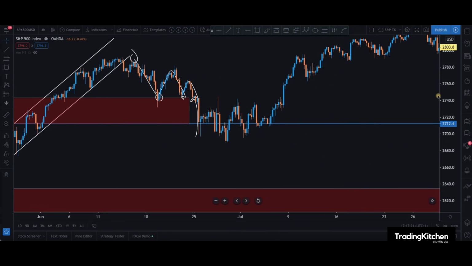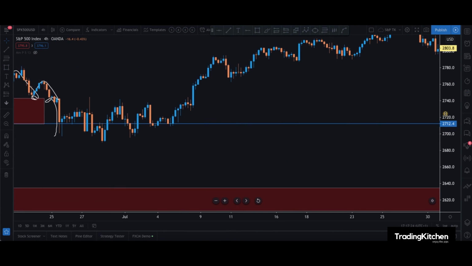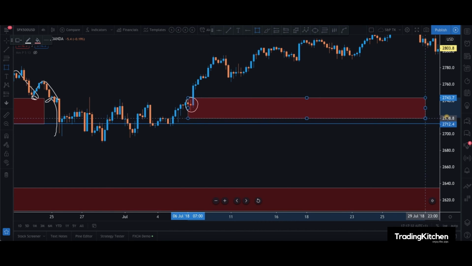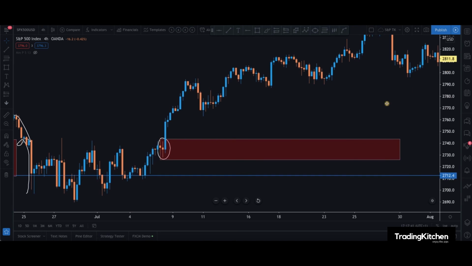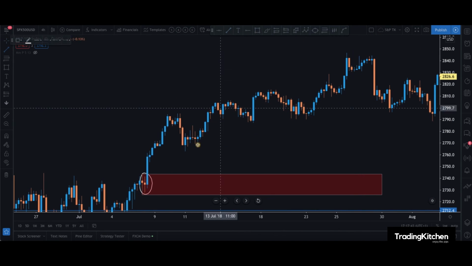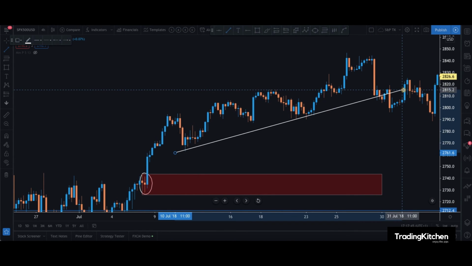I like this kind of candlestick, this one, because it makes me think it can be a structure, so it can be good for us to enter a trade in the future. This is a channel.